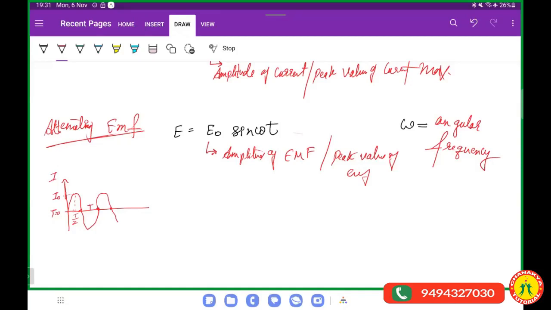No idea? Okay, T plus T by 2 is 3T by 2. Simple. So on: 0, half cycle, full cycle, 1.5 cycle.